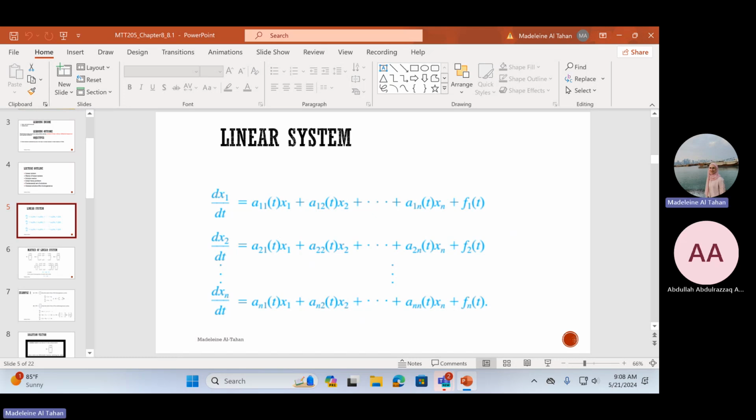Those who finished writing, try to write it in matrix form. Just give it a try.